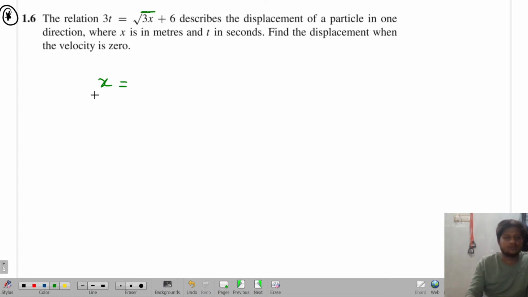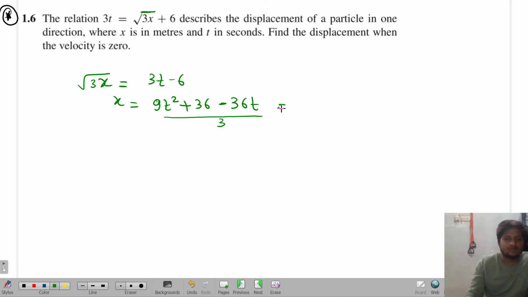I have the solution copy, so root 3x is going to be 3t minus 6. Squaring, x becomes 9t square minus 36t plus 36, divided by 3. Yes or no?